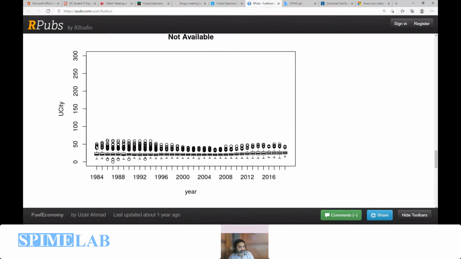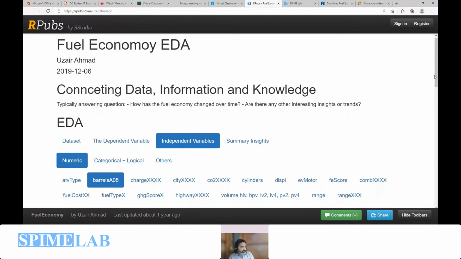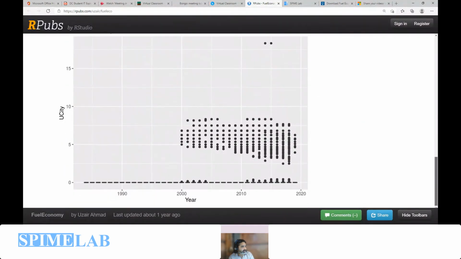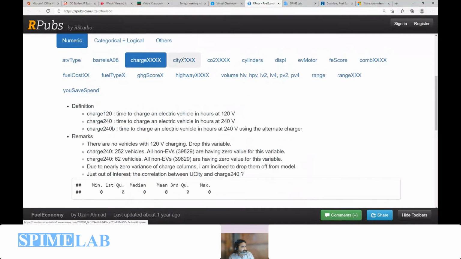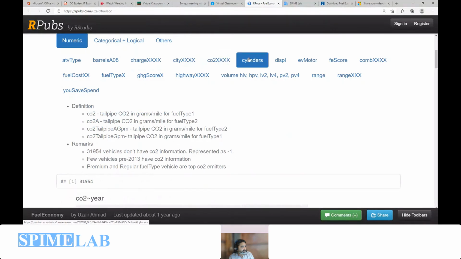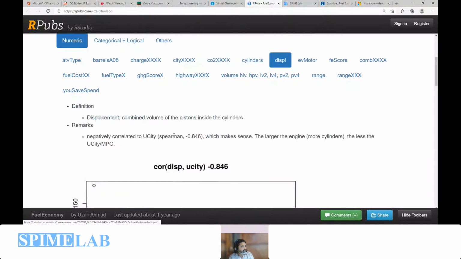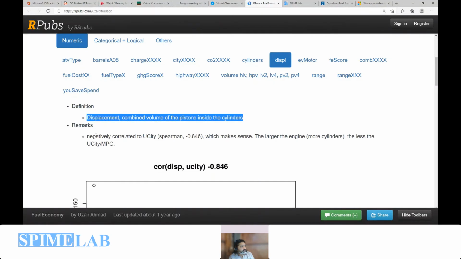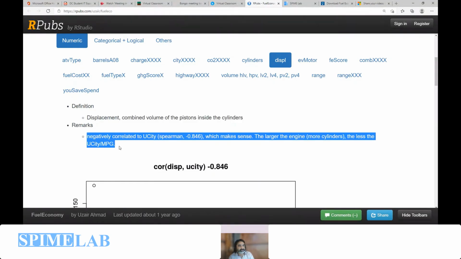These cars don't have ATV type, and their behavior with respect to the dependent variable over the years is plotted here using box plot notation. In the same way, we look at number of barrels over the years individually, charge type, city, CO2, cylinders, displacement.